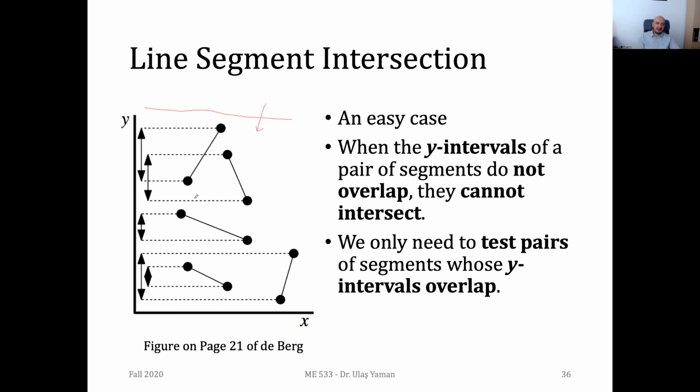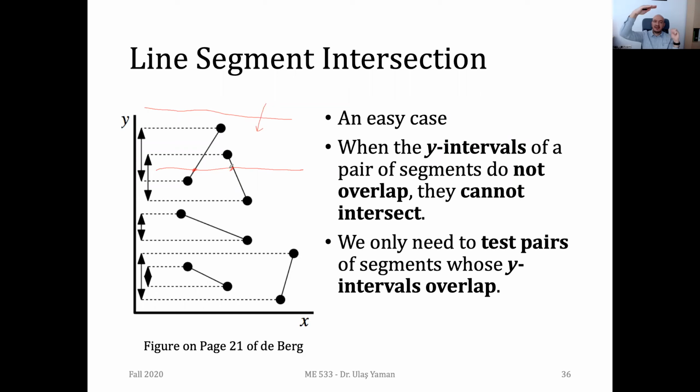Let's have a look here: while this virtual line is at this point, we can say that there are 2 line segments intersecting with this virtual line, which means that since they are neighbors, they might be intersecting at some point of the plane. So that will be the main scheme we are going to follow.